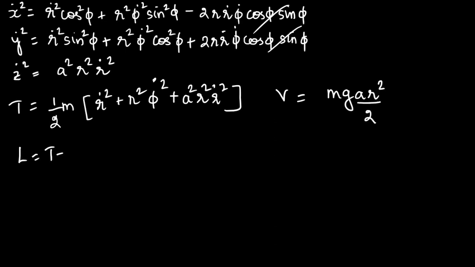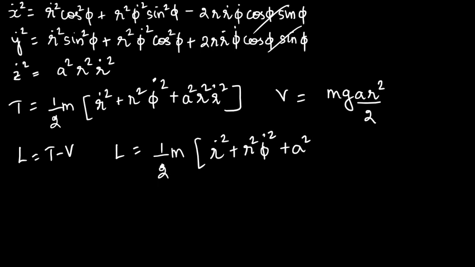So L will be equal to T minus V. So I am going to get my L as half m into r dot square plus r square phi dot square plus a square r dot square minus g a r square.